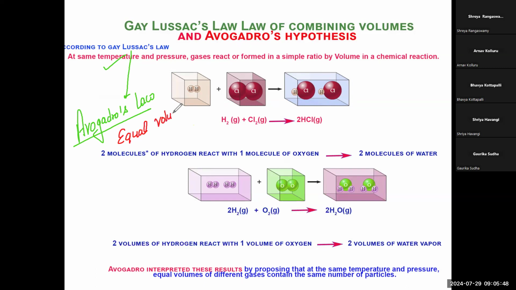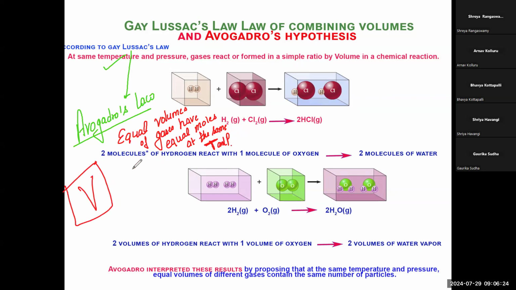Equal volumes of gases have equal moles at the same temperature and pressure. T is for temperature, P for pressure, V is for volume, and what is N?